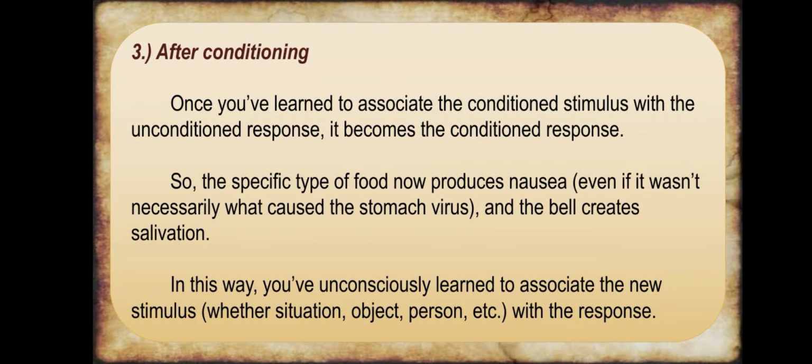After conditioning, once you've learned to associate the conditioned stimulus with the unconditioned stimulus, it becomes the conditioned response. So the specific type of food now produces nausea, even if it wasn't necessarily what caused the stomach virus, and the bell creates salivation.